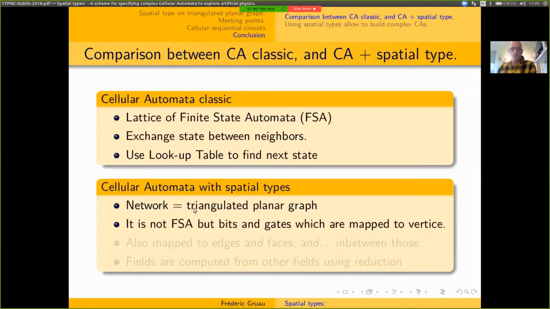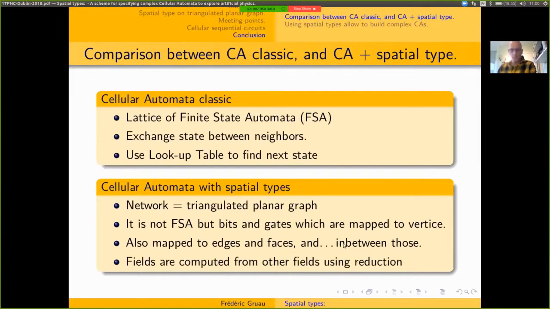You don't use finite state automata, but only bits and gates. And you map them on vertices, and not only on vertices, but also on edges and faces of a planar graph. And not only on vertex, edge, and face, but also in between those, on the transfer loci, of which there are 6. And you compute fields from other fields using reduction and also communication.